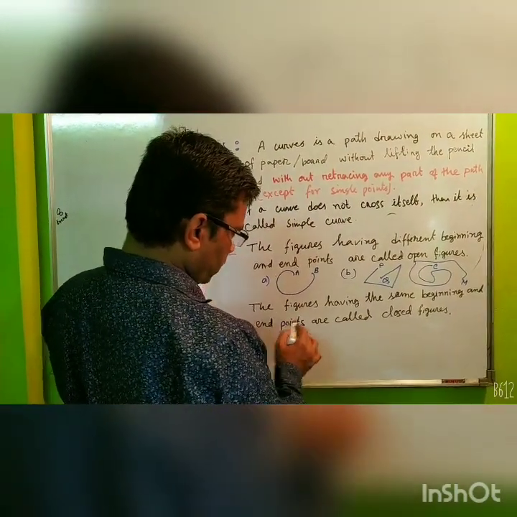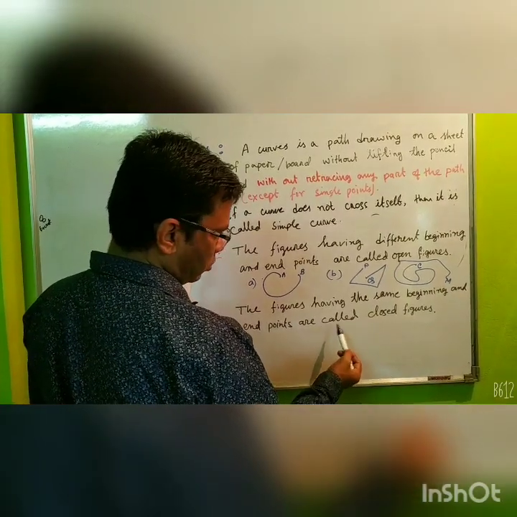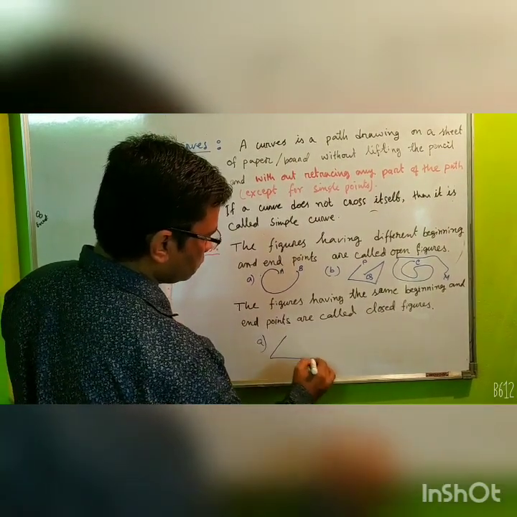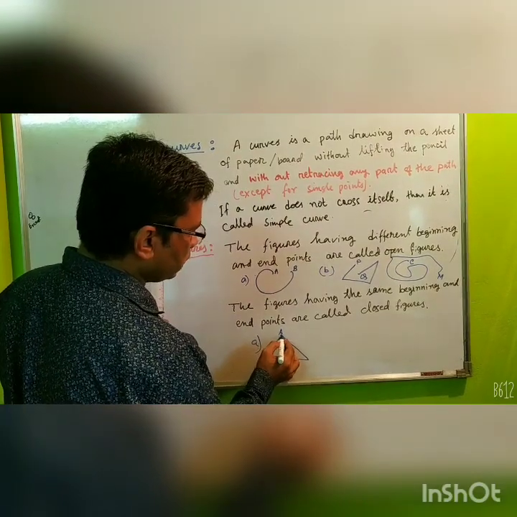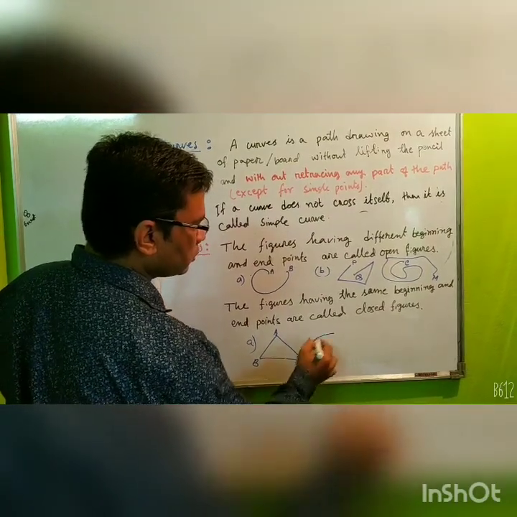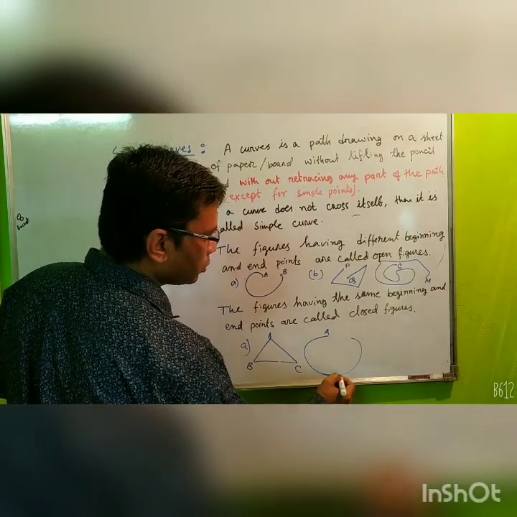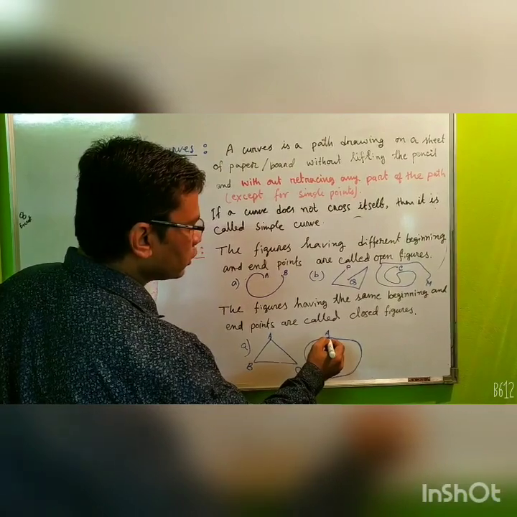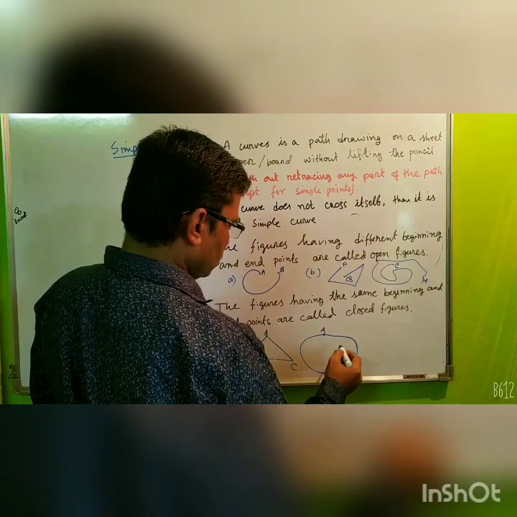And the figures having the same beginning and end point are called closed figures. Suppose this one starts from A and ends also at A. Suppose A, B, C. This one starts from A and closes, with the end point also A. So this type of figure is called a closed figure.